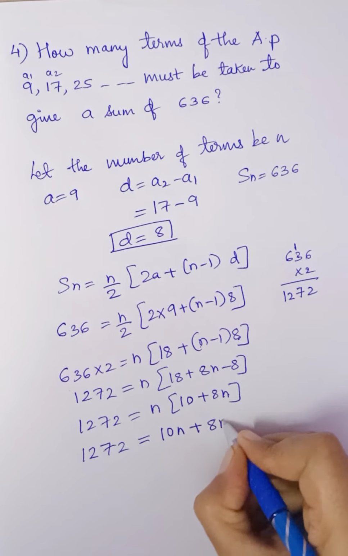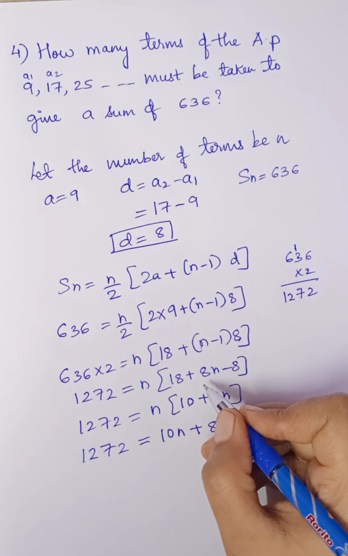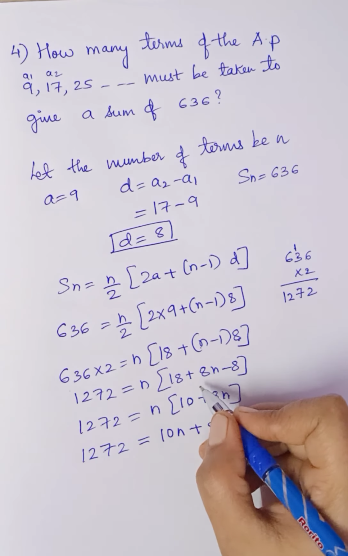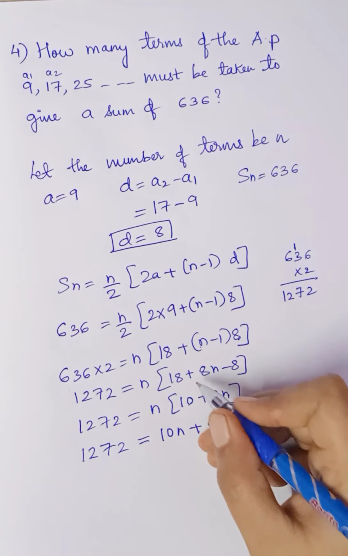But we still need to find the number of terms, so we need to solve further. We have got the equation 1272 equal to 10n plus 8n square.